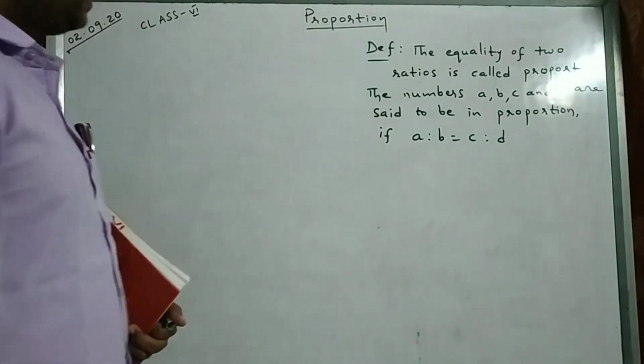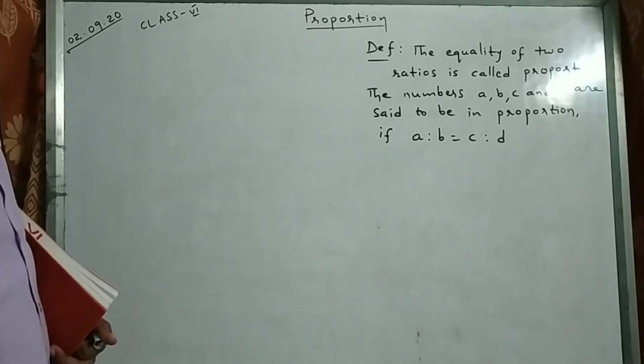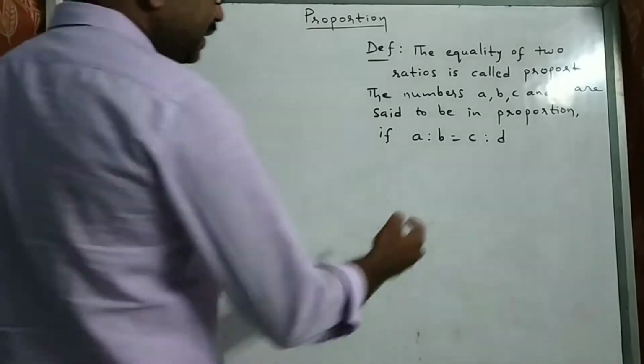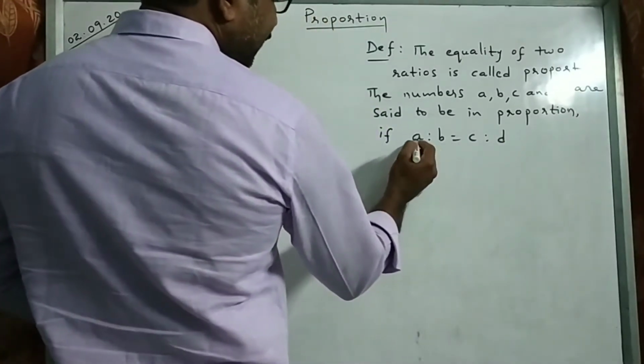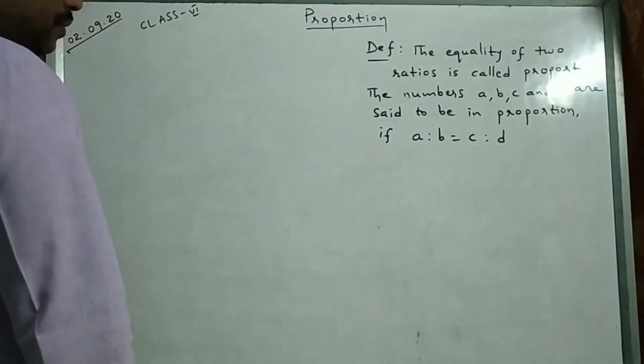So the equality of two ratios is called proportion. When do we say four numbers are said to be in proportion? If A is to B is equal to C is to D. A is to B one ratio, C is to D another ratio.